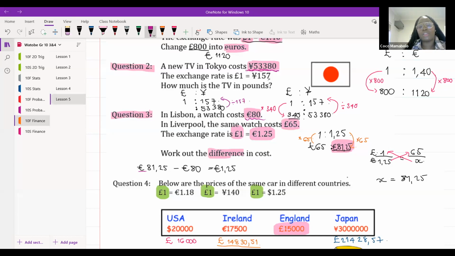Correct. So on the pound side, if I multiply by 340 on one side, I must also multiply by 340 on the other. So my pound is 1 times 340, which gives me 340.